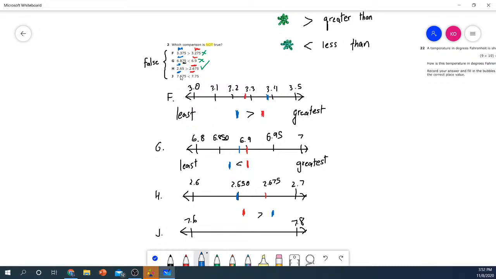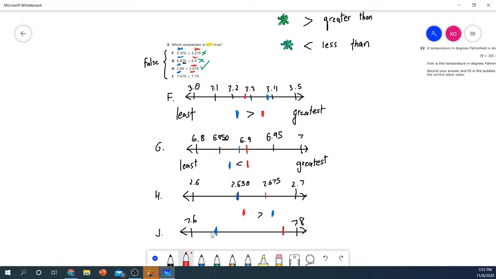So blue, which is 7.675, is closer to 7.6. So we would plot it somewhere closer, right here. And then red, which is 7.75, is closer to 7.8 by 0.25. So it would be right over here.